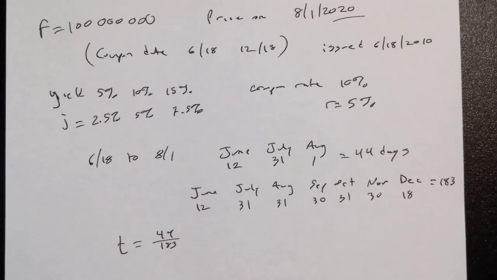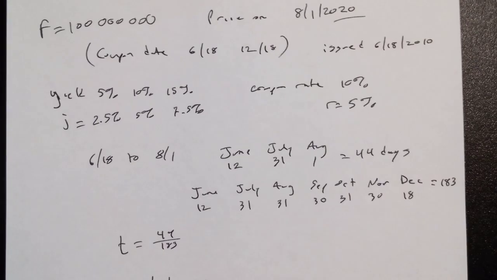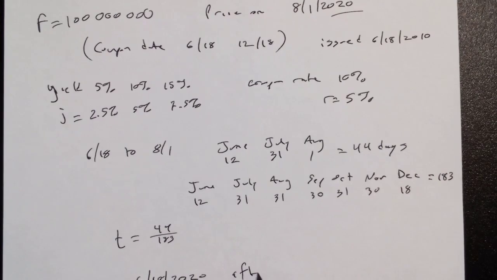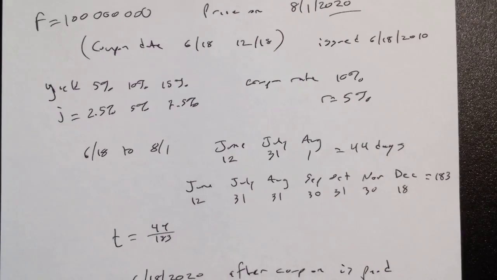Price on six 2020. That's the coupon period, right? After the coupon is paid. That's our P0. That's where my little picture.